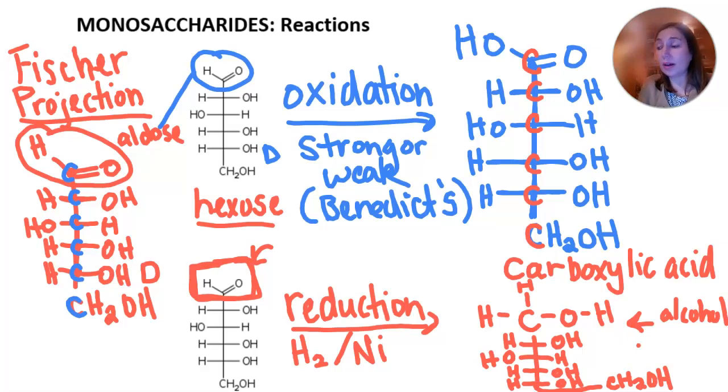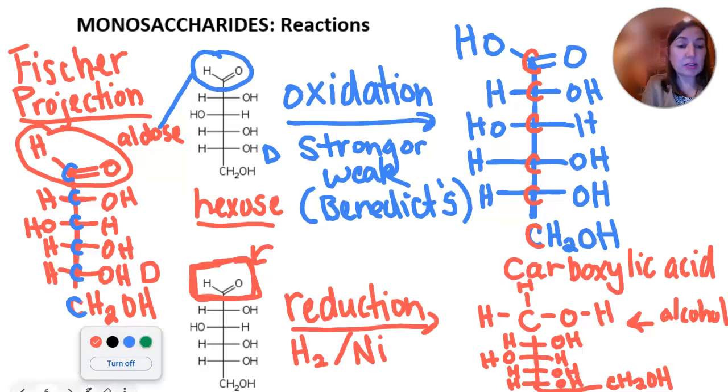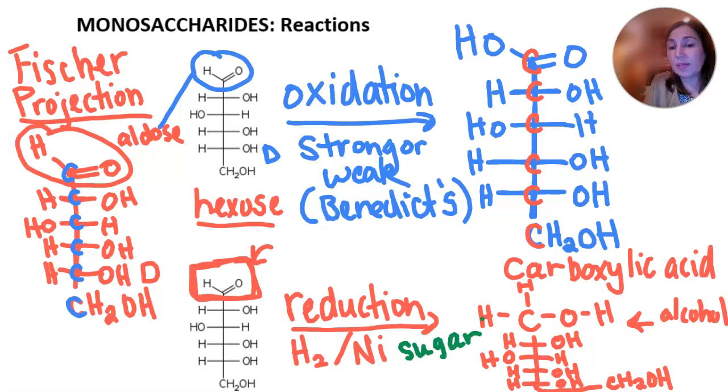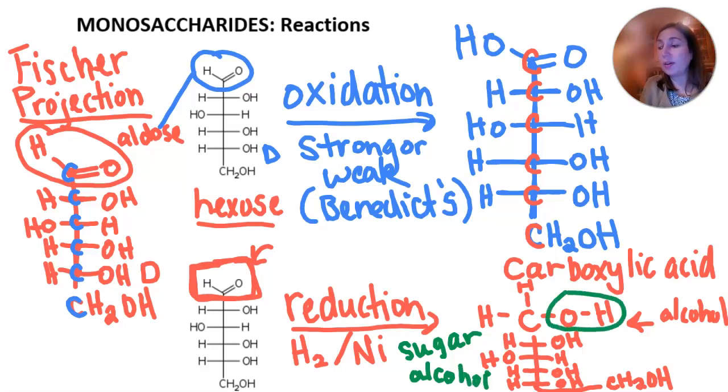And these are where we get sugar alcohols from. So let me see if I can change this to give us some good labels here. This would be an example of a sugar alcohol, because here's our alcohol with our sugar backbone. And these are sugar substitutes, things like sorbitol, xylitol, that you may have heard of in everyday life.